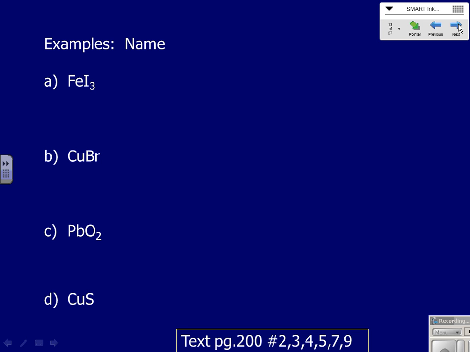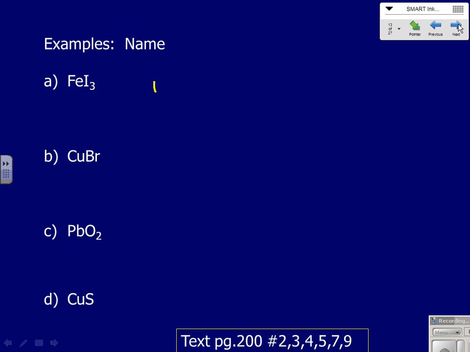Now, how do you get the name? I do this 2 ways, and when I write it down, I have a certain plan. So let me show you what my plan is. When I get one of these, this is what I go through in my mind. I go to iron, and I see that iron has 2 options.